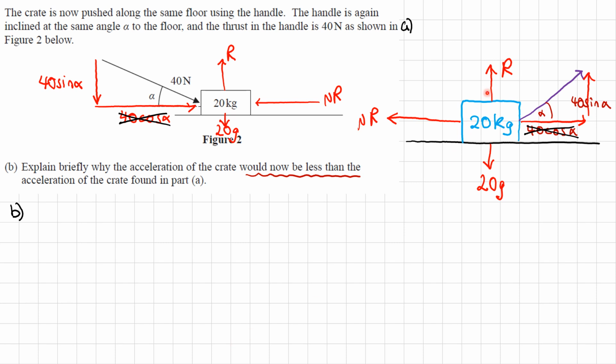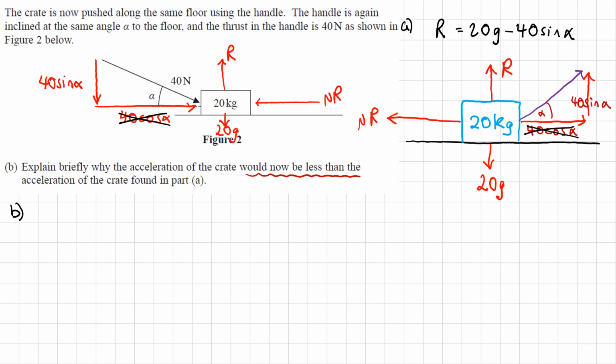So let's start with a diagram over here and write that equation down that we had for R. So R plus 40 sine alpha is equal to 20g. So in this part of the question, if I wanted to find R, it was going to be equal to 20g minus 40 sine alpha.